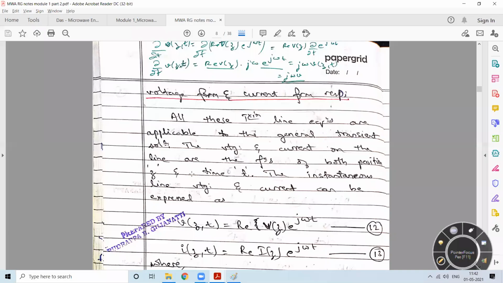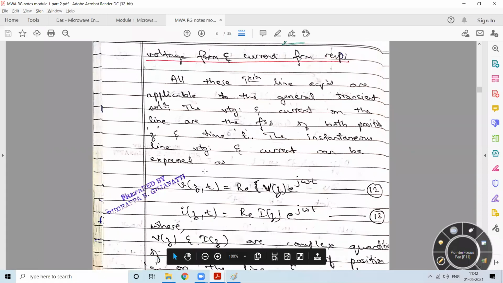So we obtained the transmission line equations. In that we came across instantaneous voltage and instantaneous current parameters. What is the representation when we consider these instantaneous values? These are represented with equation 12 and equation 13.